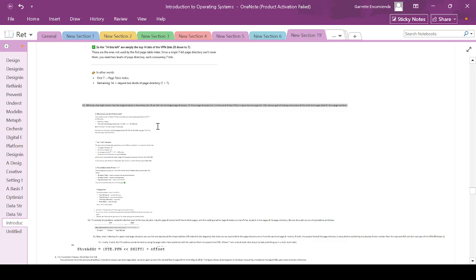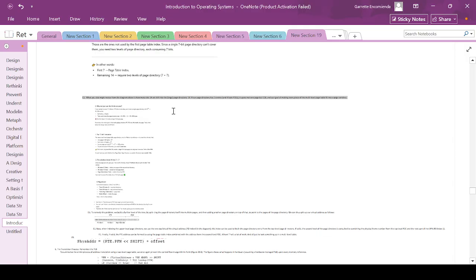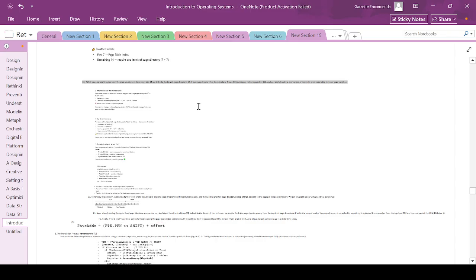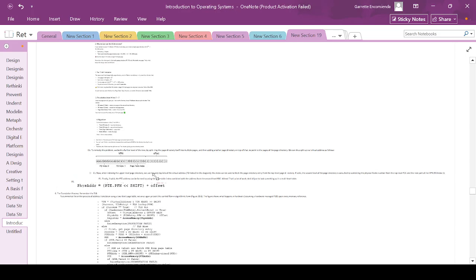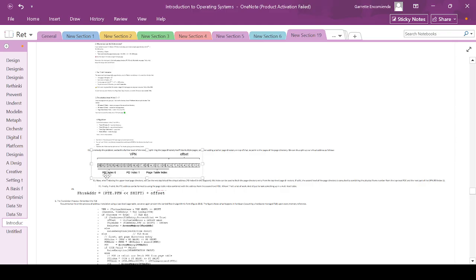Again, what you might notice from the diagram is that 14 bits are left for the page directory. If our page directory has 2^14 entries with 4-byte PDEs, the page directory spans not 1 page but 128, and our goal of making every piece of the multi-level page table fit into a page vanishes. To remedy this, we build a further level.